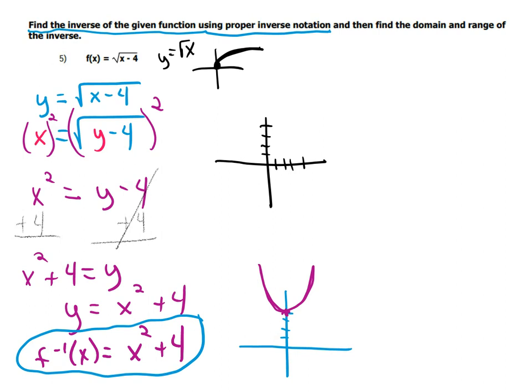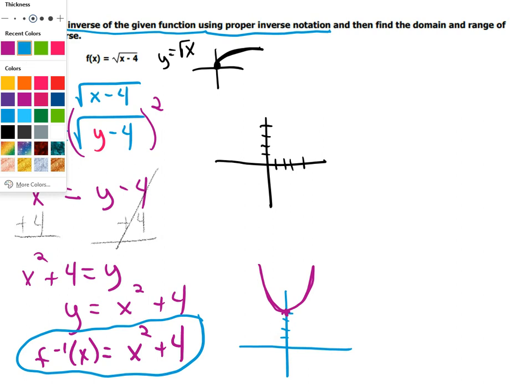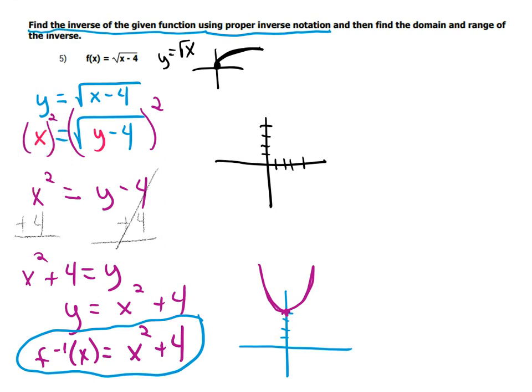But we've got y equals the square root of x minus 4, so it's going to move 4 to the right. I'll do this one in blue because that's the original function. So it's going to go to here and go like that.